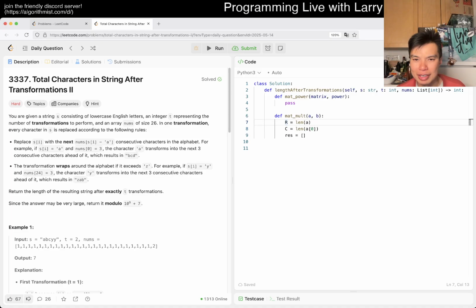This is always tough. Something like this, and then it's going to be AR times AC. I guess this here was fine. And now we just do a loop.